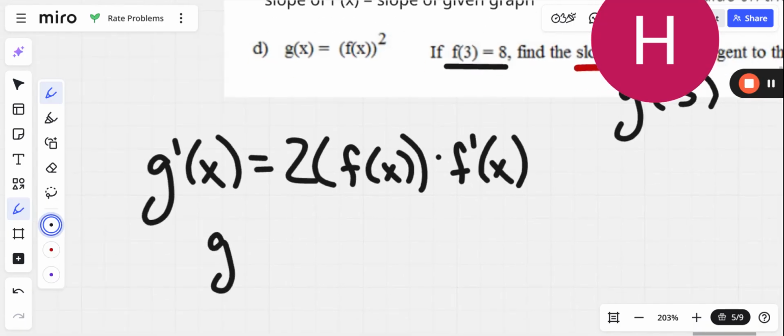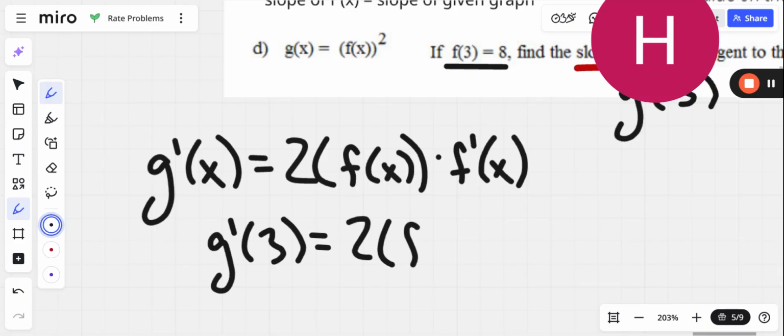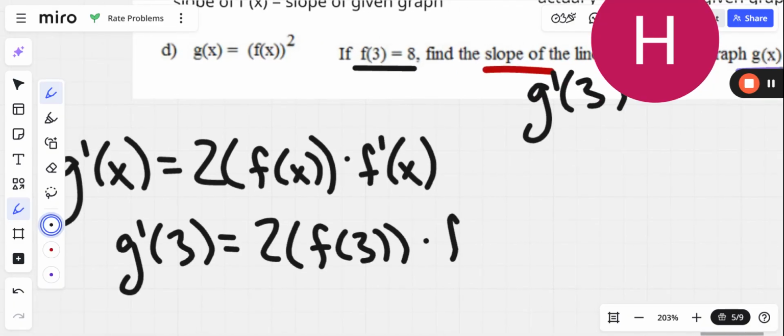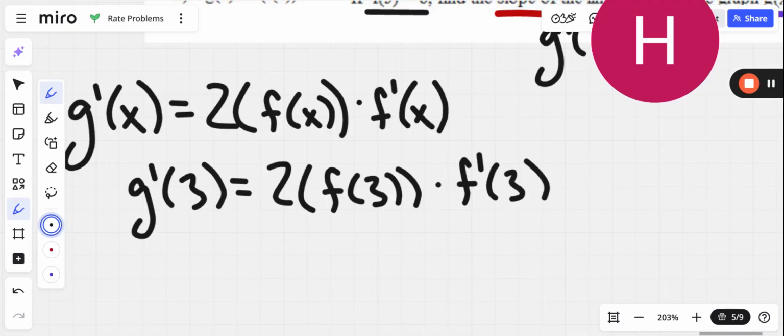That's where we get from the graph. So g prime of 3, this is actually much easier than I thought. 2 times f of 3. Again, they give us that value, not on a graph, but they give us the description of that value, times f prime of 3, which is just the y value. Don't get confused. Don't look at the slope of the graph, because the graph is f prime.